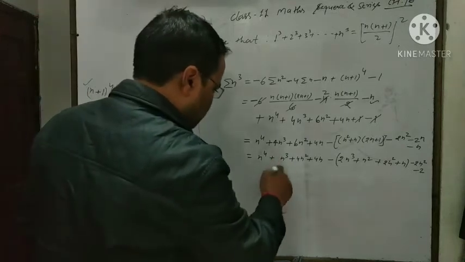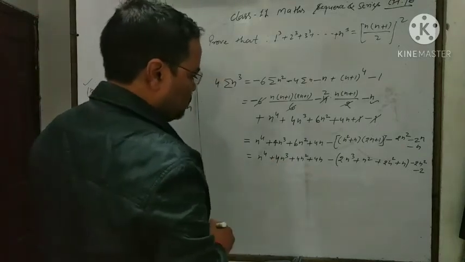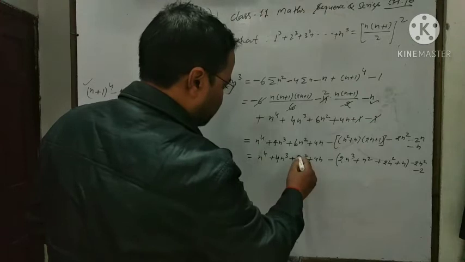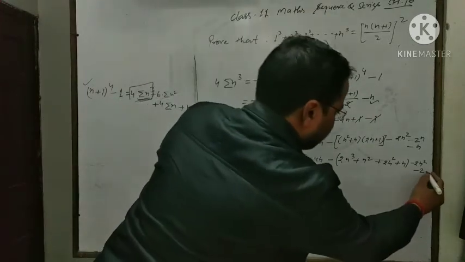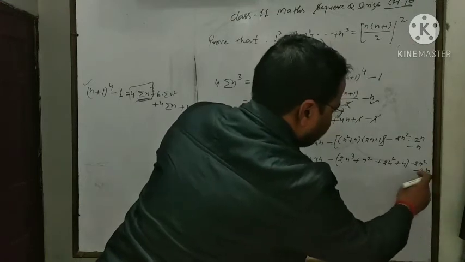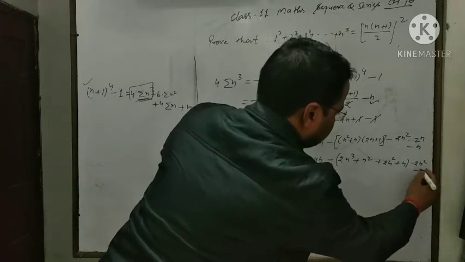Then here we should improve: 4n cube, 6n square, again 4n, 2n square minus 2n, and minus n. It will be minus 3n. Okay.